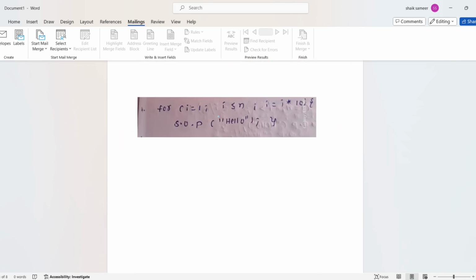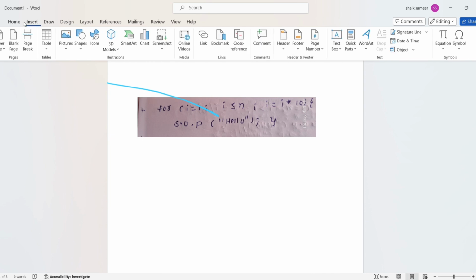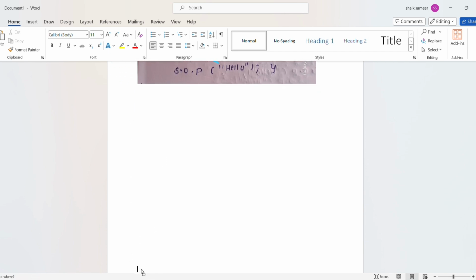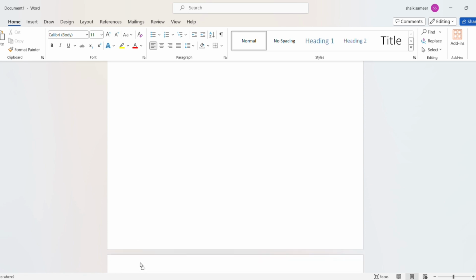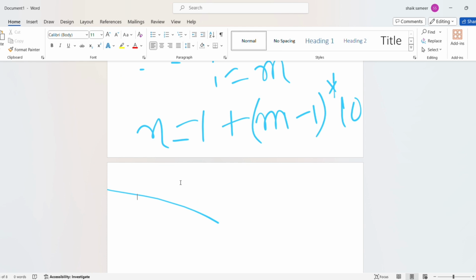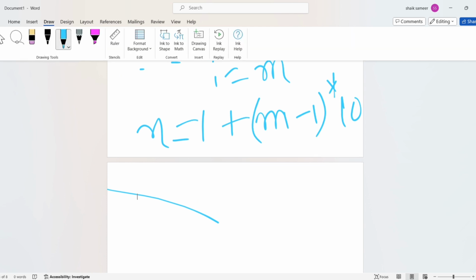So just move this one down. Wait one second. I have moved this down, so we can solve here. n equals 1 plus 10 into (m minus 1).